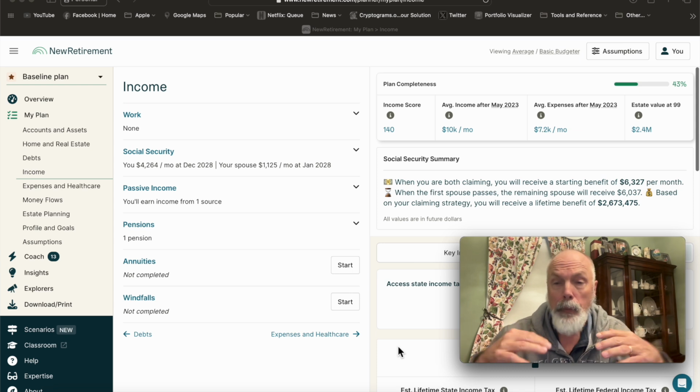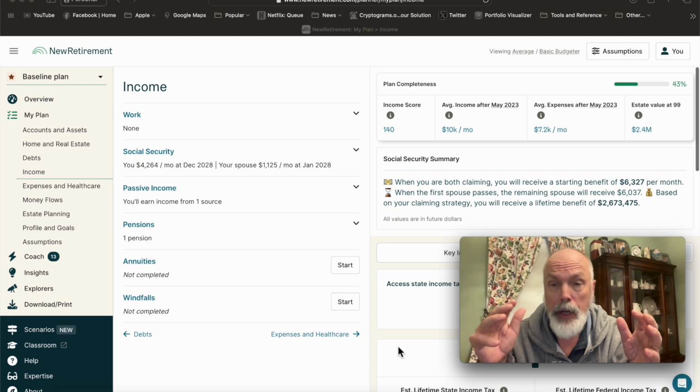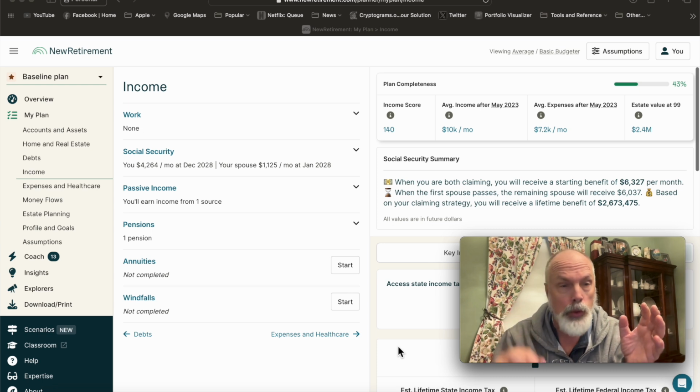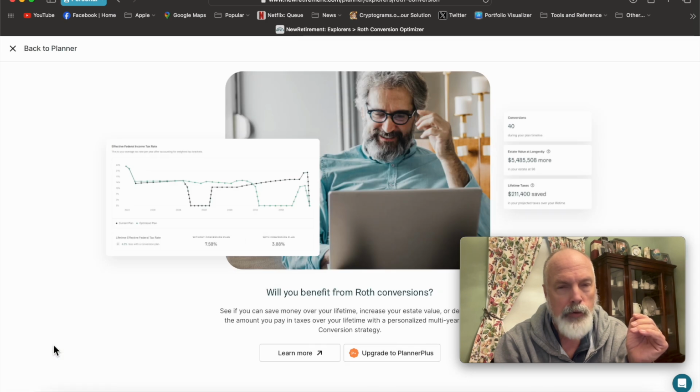So here is my basic level of New Retirement. This is the basic level, not my personal Planner Plus model. Remember, the Planner Plus includes this Explorer for Roth conversions, but it's not available unless you upgrade to Planner Plus.